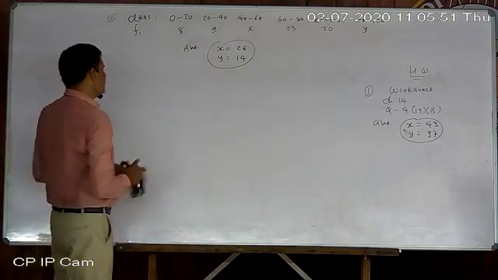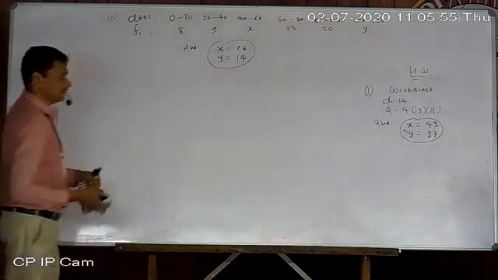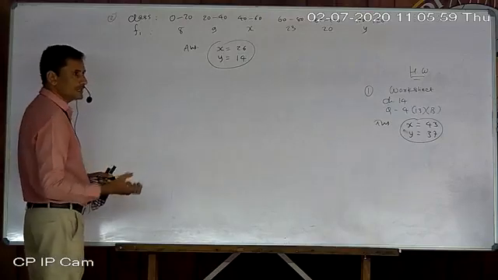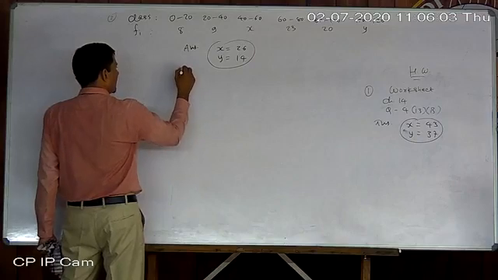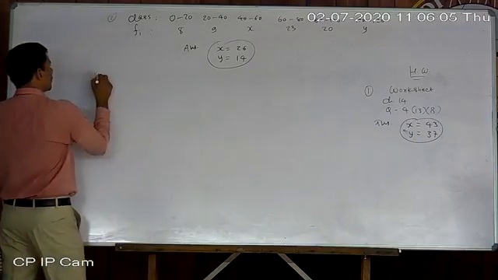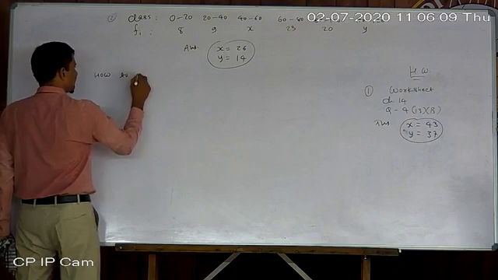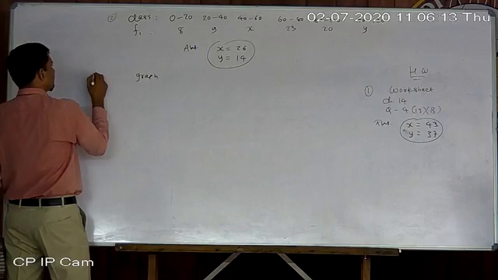Now some objective questions related to graphical sums are asked, so I will give you a few hints regarding that: how to draw a graph and what type of graph is asked.